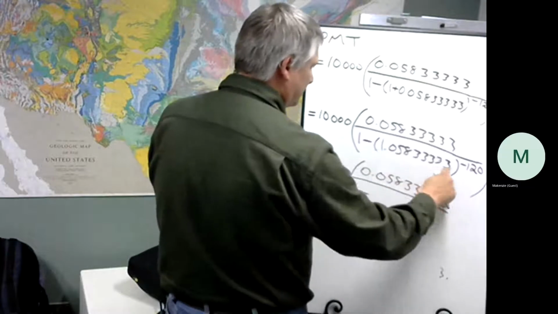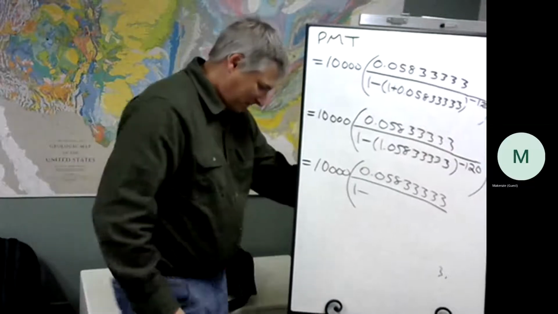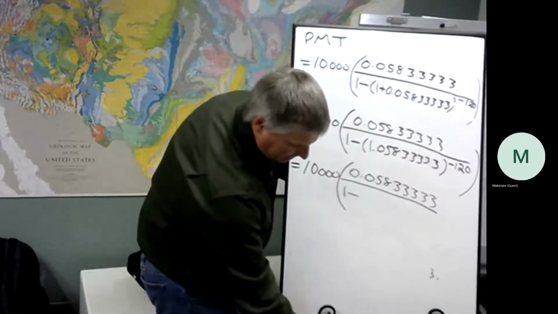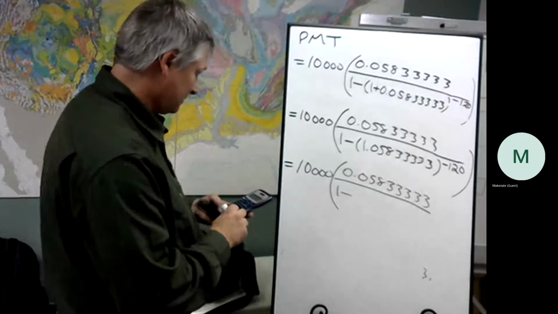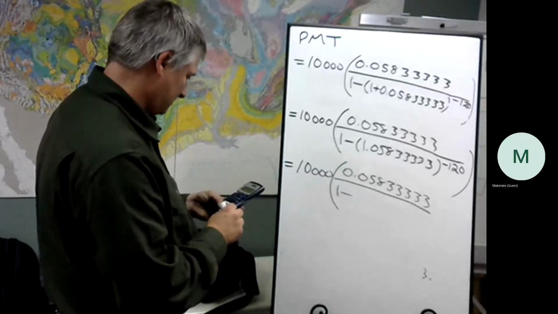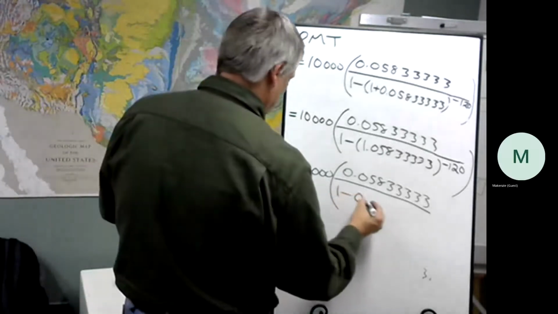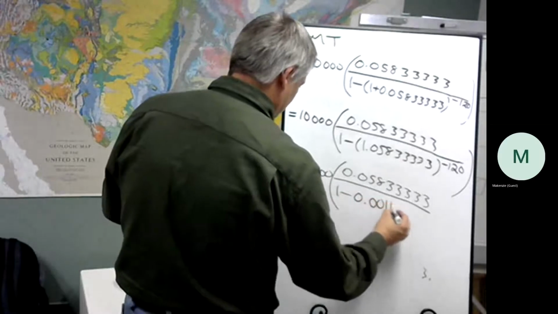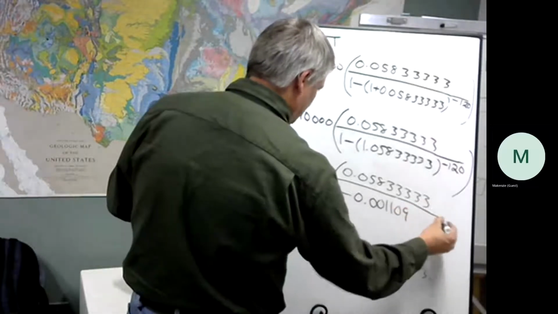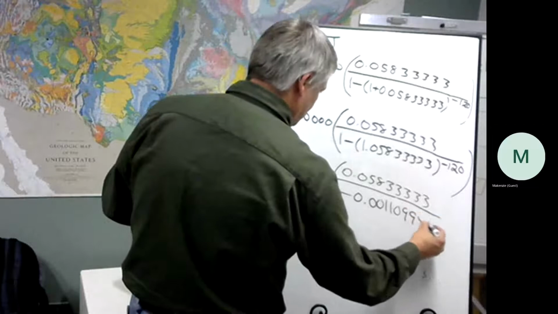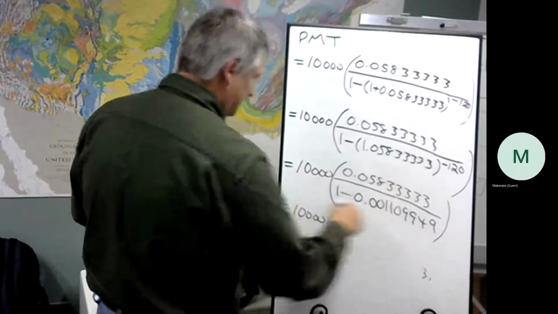Well, now we need to take this number and apply to it that exponent minus 120. Then we'll do the subtraction.